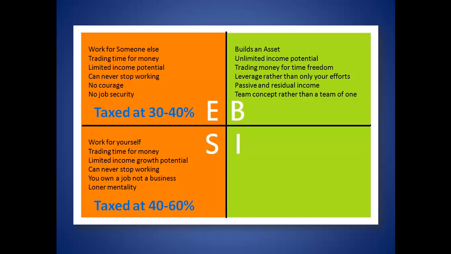And as a business or an asset, typically you're going to have unlimited income potential because you're now beginning to leverage the efforts of many versus being a single specialist in the S quadrant or trading time for money in the E quadrant. Okay. Now you're getting into the situation of trading money for time freedom. So if you've created a business, if you're a business owner that has built an asset and that asset is producing passive residual income, now you can trade money for time freedom.